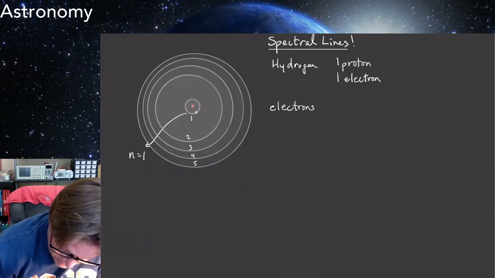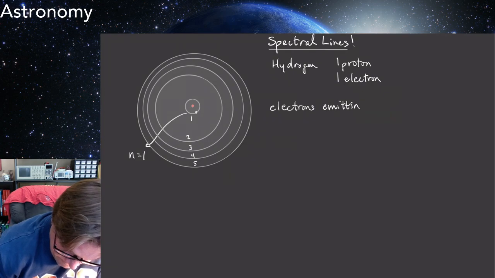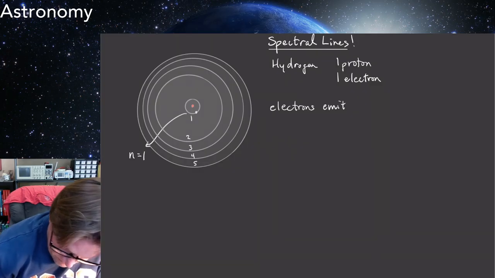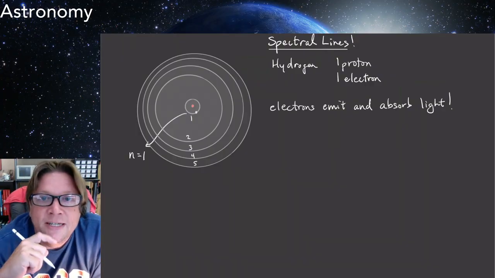Electrons emit and absorb light. That's neat.